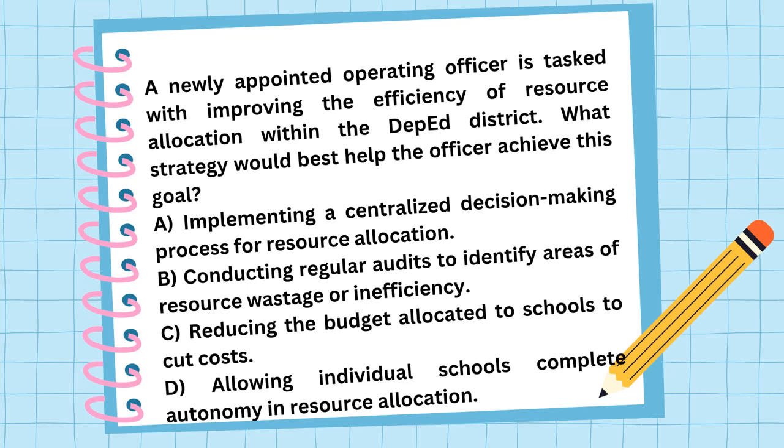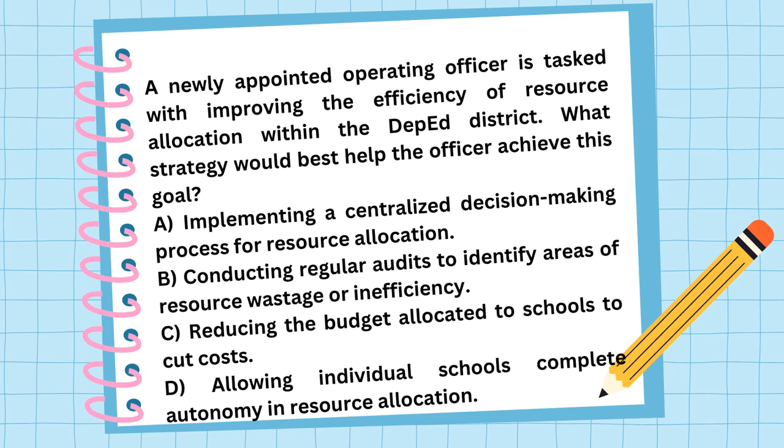For question number 4, a newly appointed operating officer is tasked with improving the efficiency of resource allocation within the DepEd district. What strategy would best help the officer achieve this goal? A. Implementing a centralized decision-making process for resource allocation.